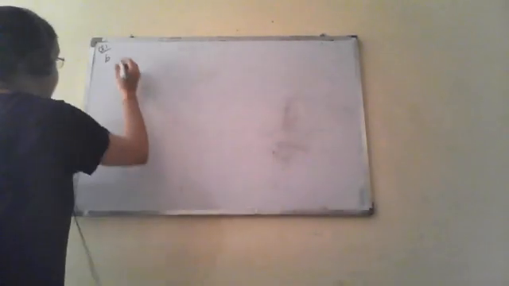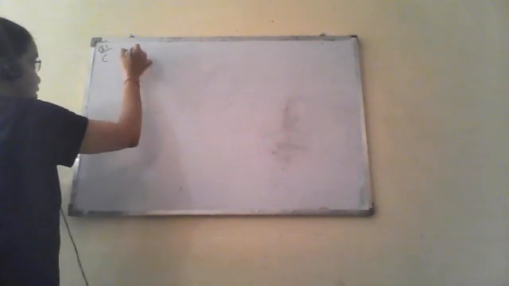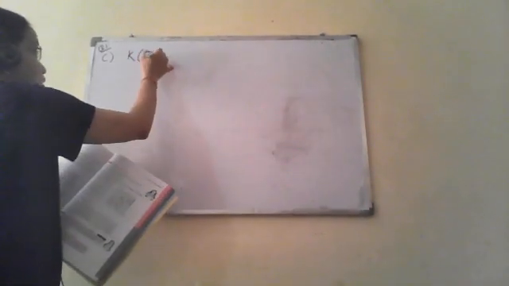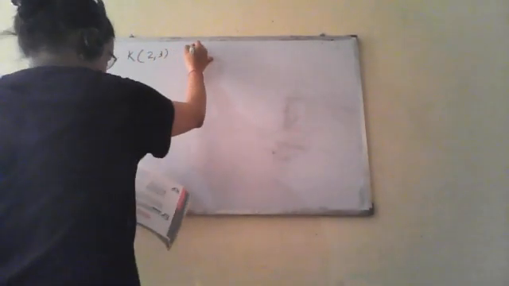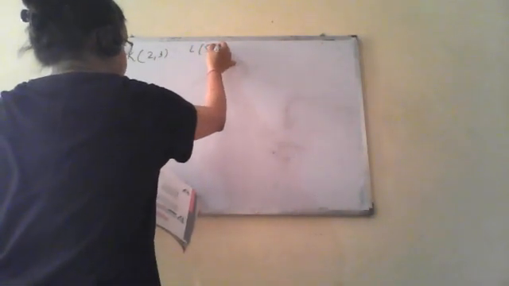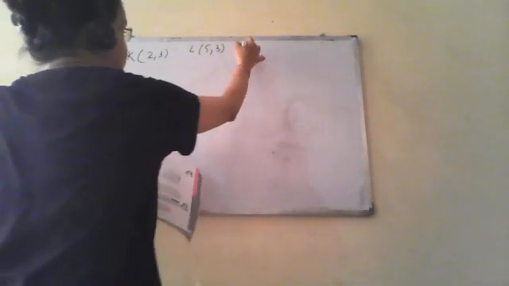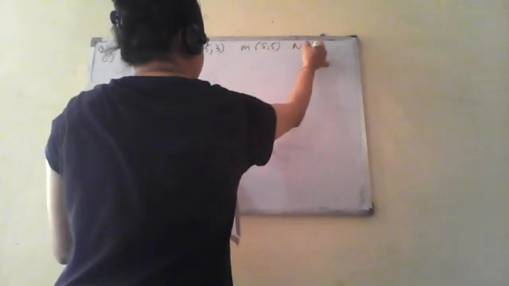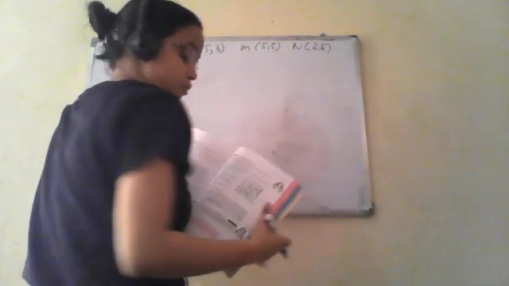Okay, so the third part. The points are K (2, 3), L (5, 3), M (5, 5) and N (2, 5). So you have to plot these.